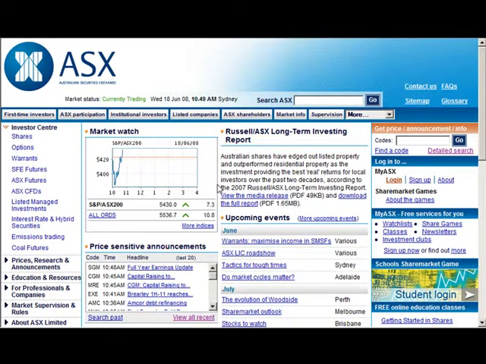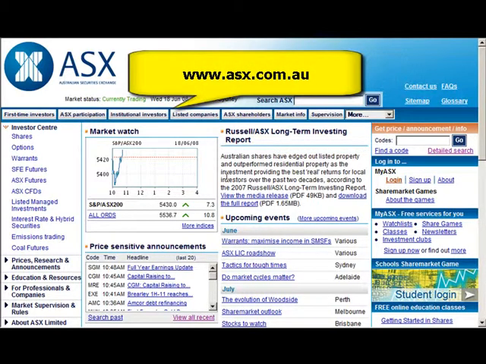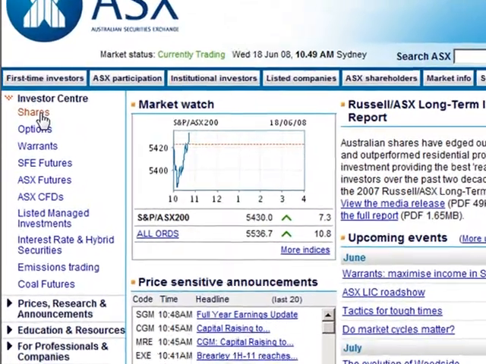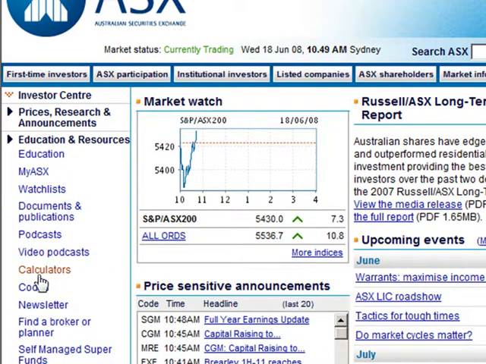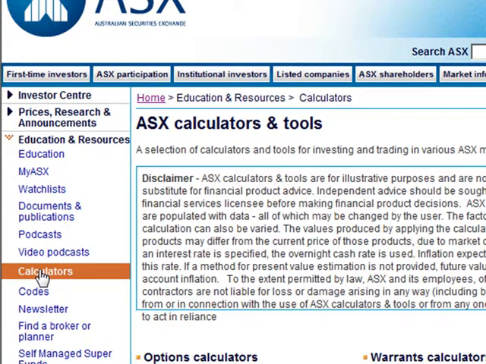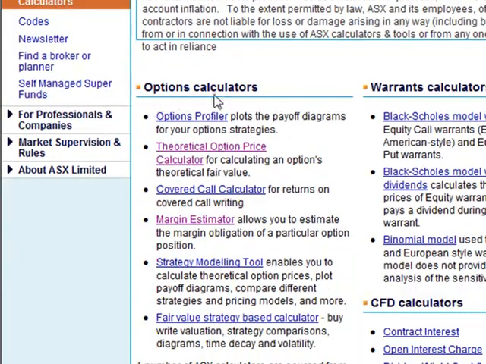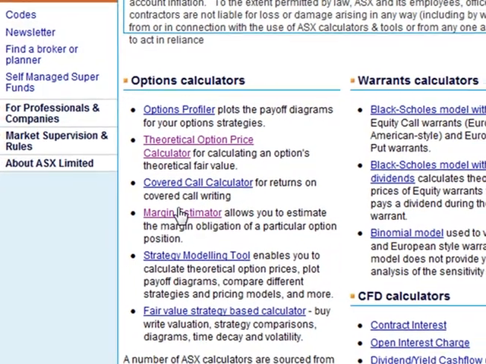Anyway, so let's get into it. You go to the ASX site again, which is www.asx.com.au. To this left-hand navigation over here where we were before, down to Education and Resources, go down to Calculators, and click on that, and here are the options calculators here, and go to Margin Estimator.